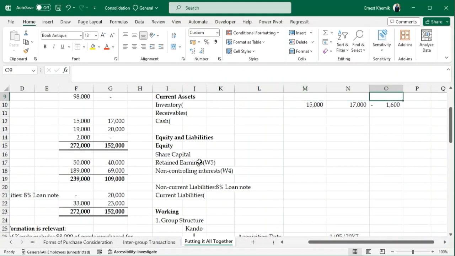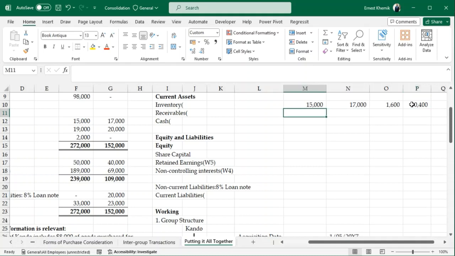All right, so because this amount is negative, let me just make it a positive figure, 1,600, so that I know that this is the addition of this plus this minus the 1,600. So that is the profit on the inventory we transferred, that we are deducting from the total inventory figure, because it's an intra-group transaction.